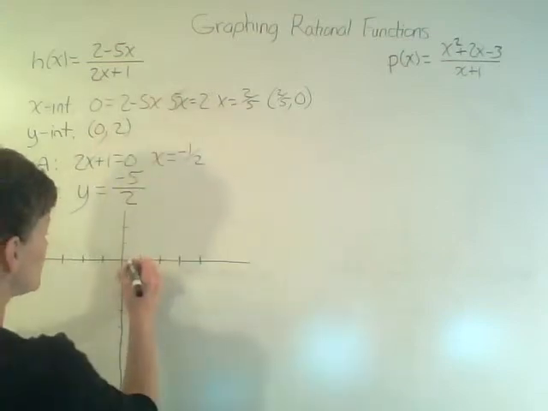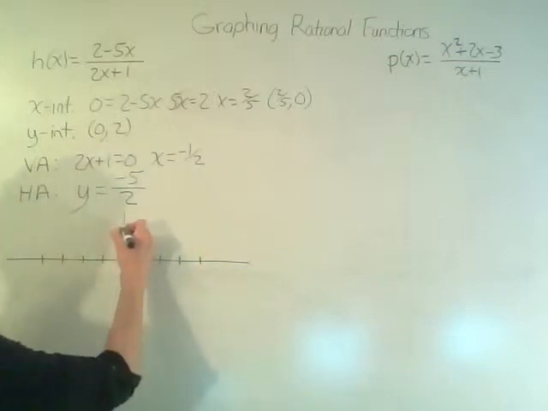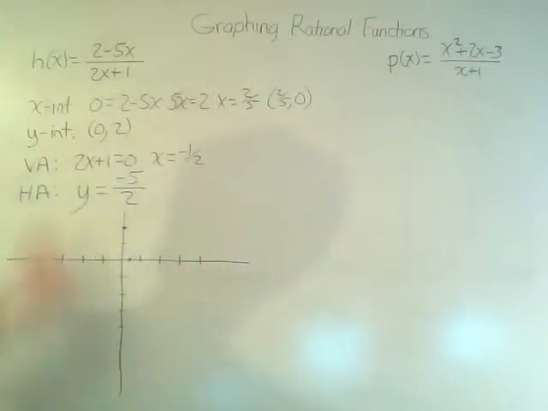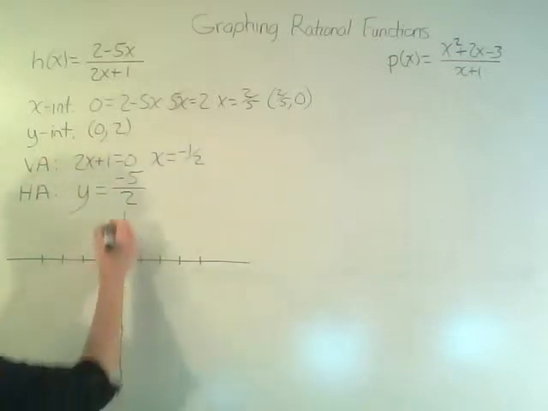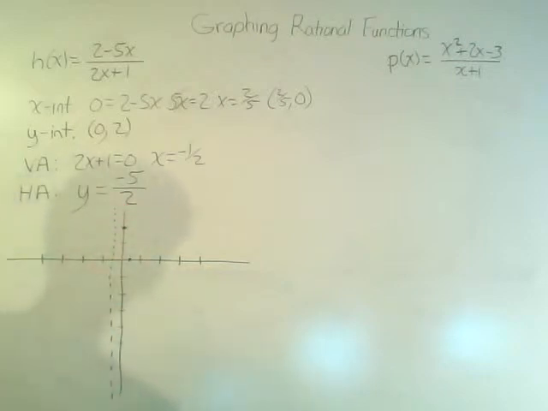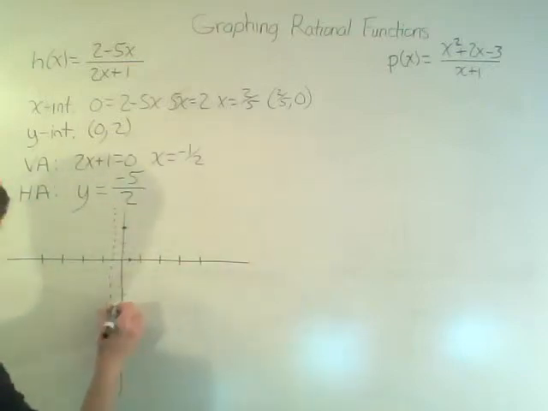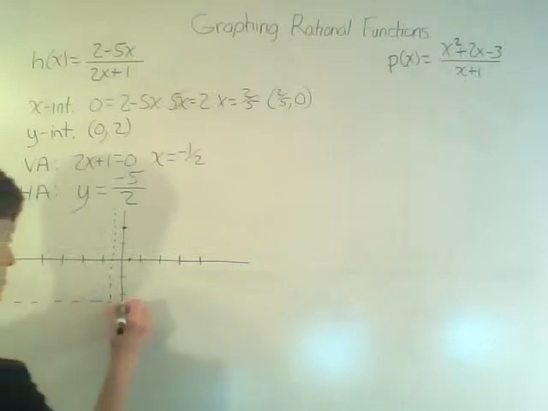So (2/5, 0), somewhere around there, and (0, 2), well, that's right there. And then my vertical asymptote is x equals -1/2. Well, that's going to be right here. And then my horizontal asymptote is y equals -5/2, or -2 1/2. And that's going to be right here.